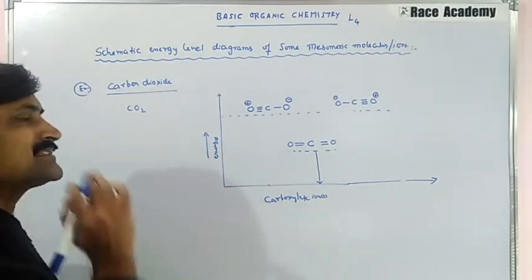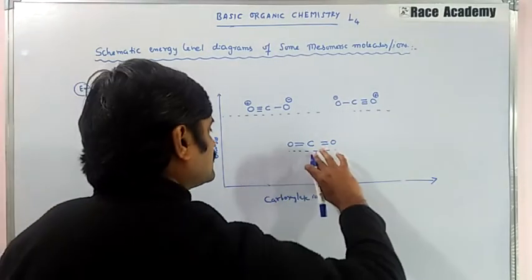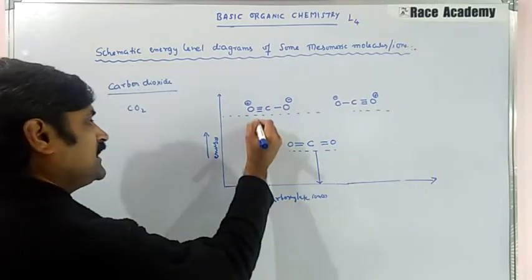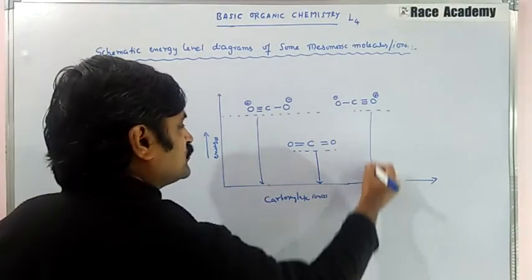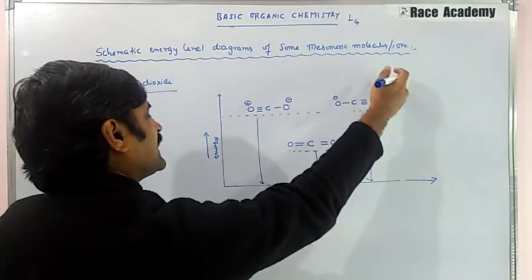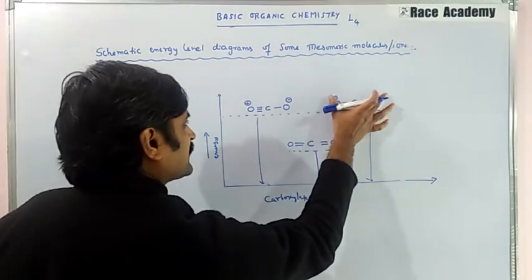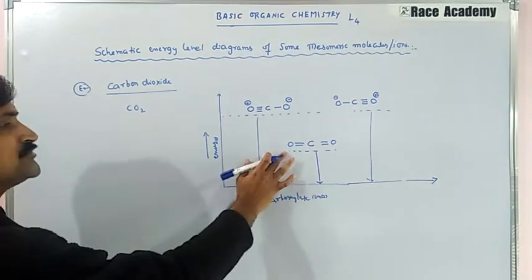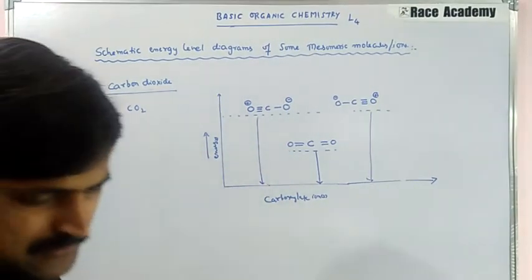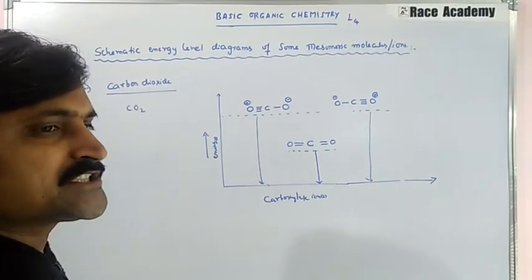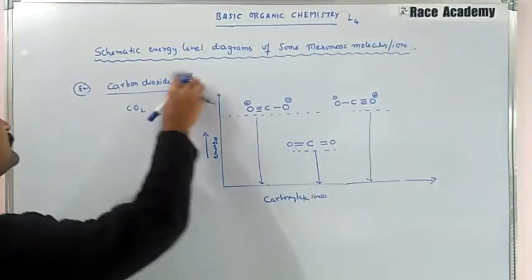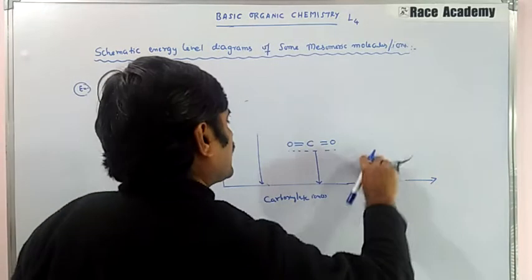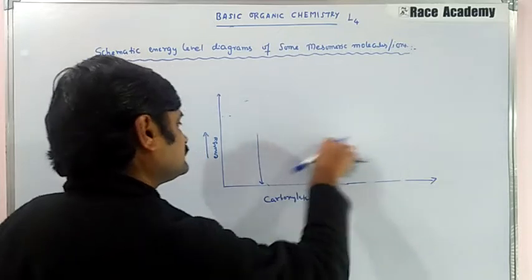So they are less stable compared to this one. This is a small value, so definitely this is highly stable, and these values are big values for them. Separating the plus and minus requires higher energy, so they are less stable compared to this structure. Okay. Next, we will move on to another structure, alkyl cyanate.